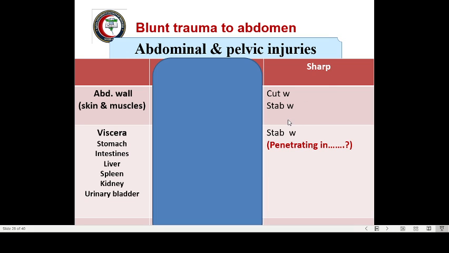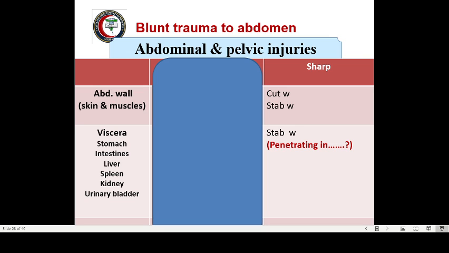Sharp trauma to the abdomen. In the abdominal wall, we may have cut or stab wound according to what? According to the direction of the weapon. And we have stab wound to all these organs. Be careful that we said stab wound is nearly penetrating in all organs except in one organ, which is the kidney.